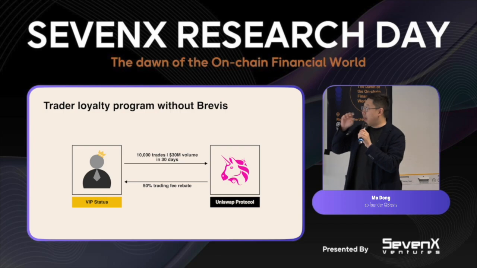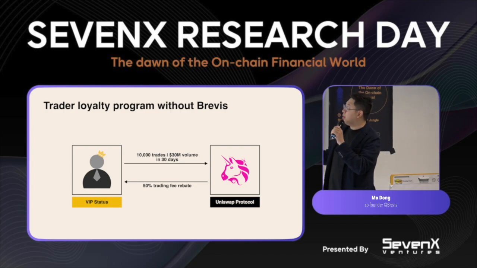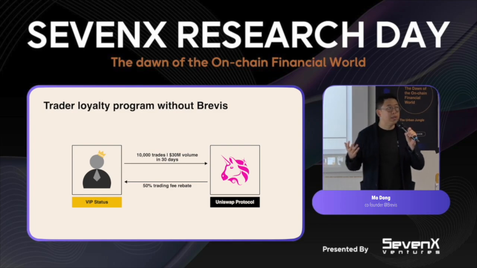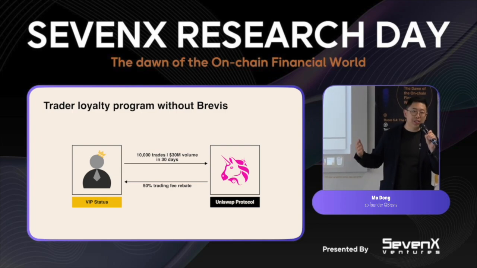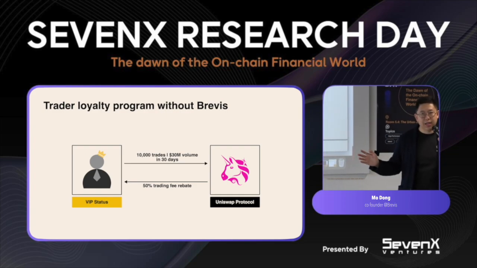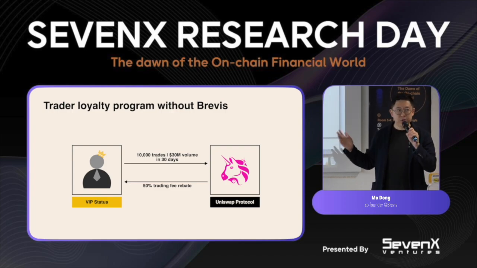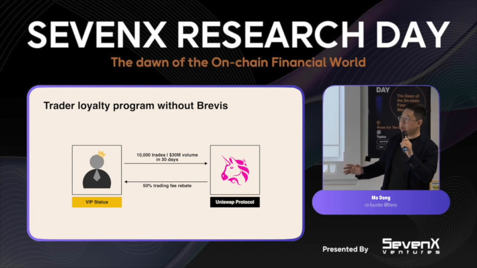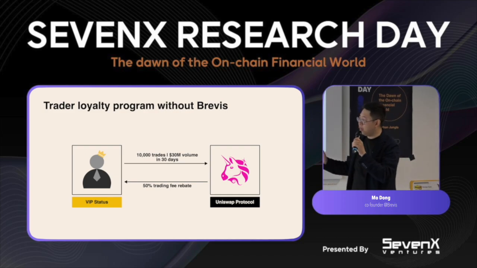A simple example that I always go back to is if you want to build a trader loyalty program in Uniswap, let's say. You see this type of trader loyalty program everywhere in centralized exchanges. Say a user traded $30 million in the last 30 days; in the next 30 days, he should get a 30% fee discount. You see this everywhere in centralized exchanges, but you don't see this in any of the DEXs. Why?